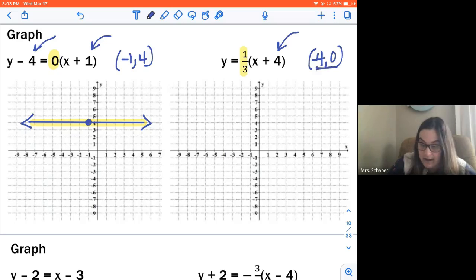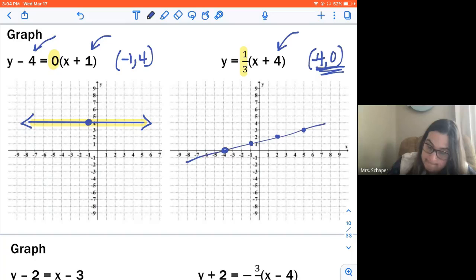So I'm going to begin at my ordered pair, that's -4, 0. And I'm going to use the slope to determine my rise over run. So I rise 1, run 3. Rise 1, run 3. And there's my line.